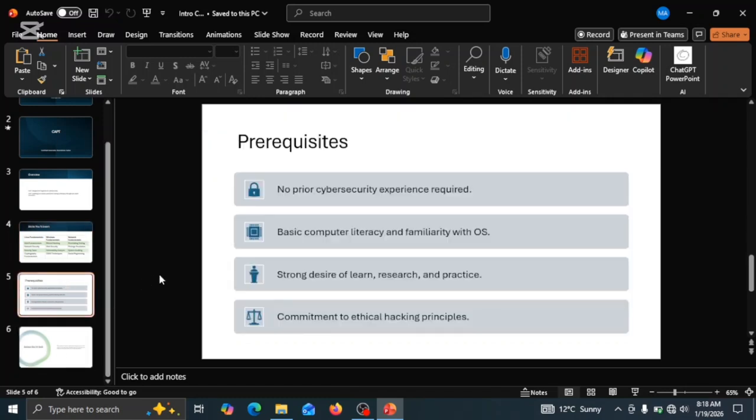So the prerequisite of this course is that no prior cybersecurity experience is required for this playlist or this course that we have created. So any fresher can start this playlist and they can learn cybersecurity, penetration testing.